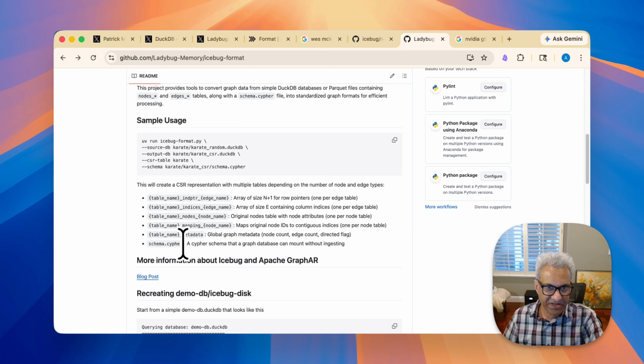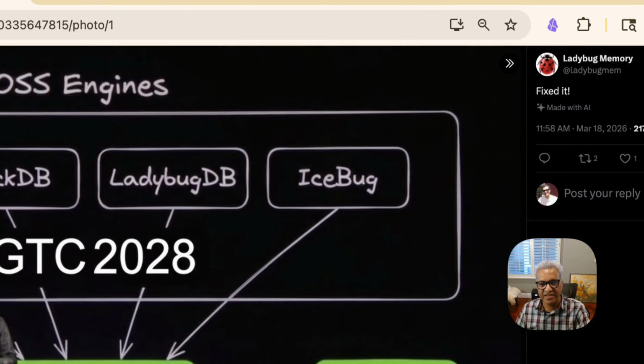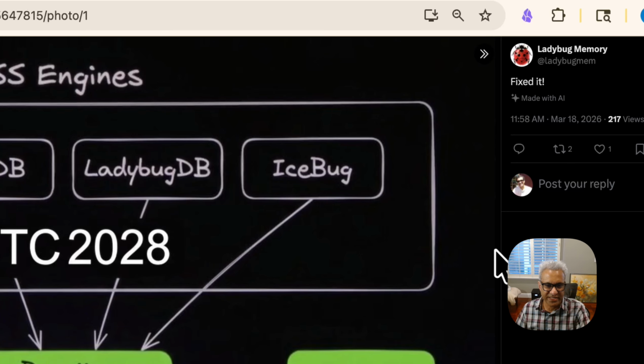And similarly, the Icebug memory specification would be a bunch of Arrow buffers along with a schema file. And I'm hoping that this would be playing a central role in the future of computing. So let's check back in 2 years when Jensen takes stage.